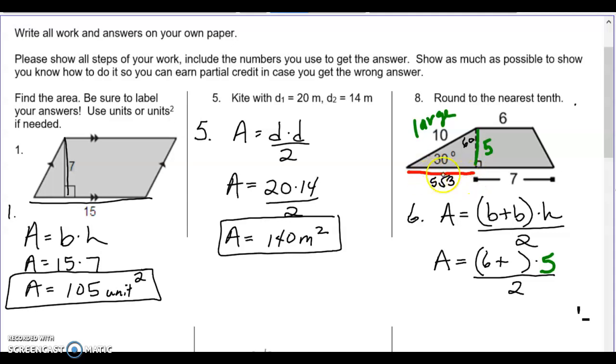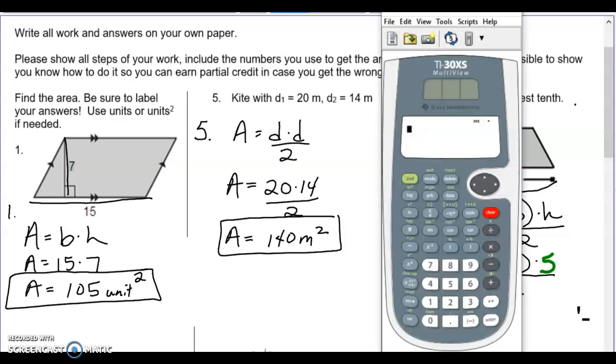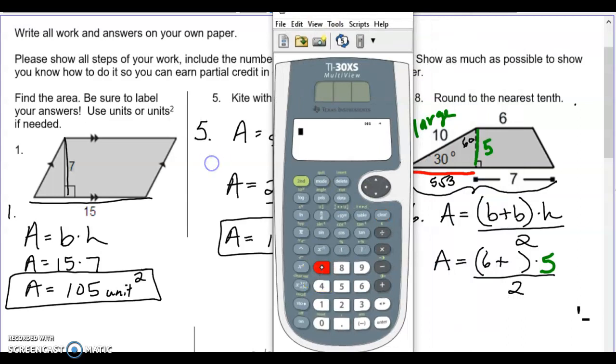Now in your test, you're not going to get a weird one like 5 square root 3. I think it'll just be a whole number. So finding the entire base here, right? On my calculator, I would need to add those two numbers together. All right. So I would type in 7 plus 5 square root 3.